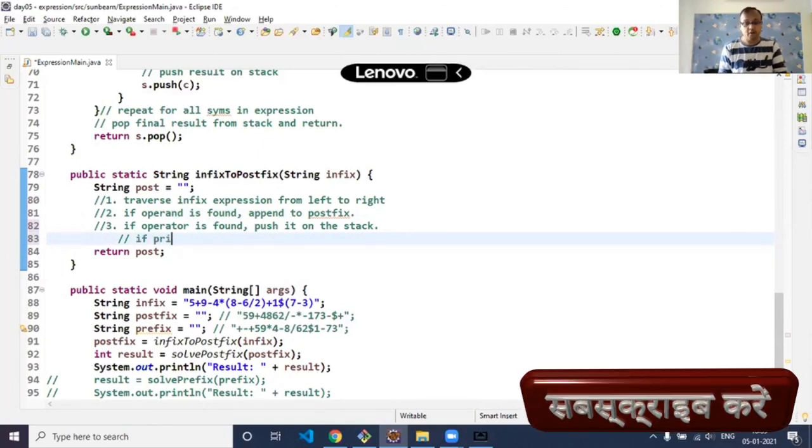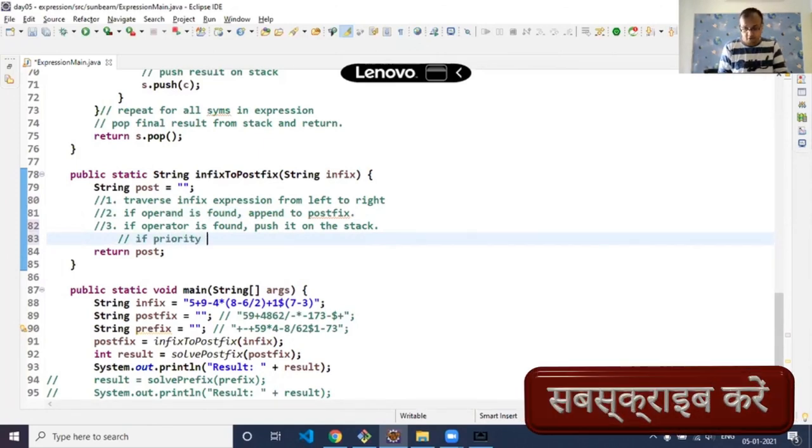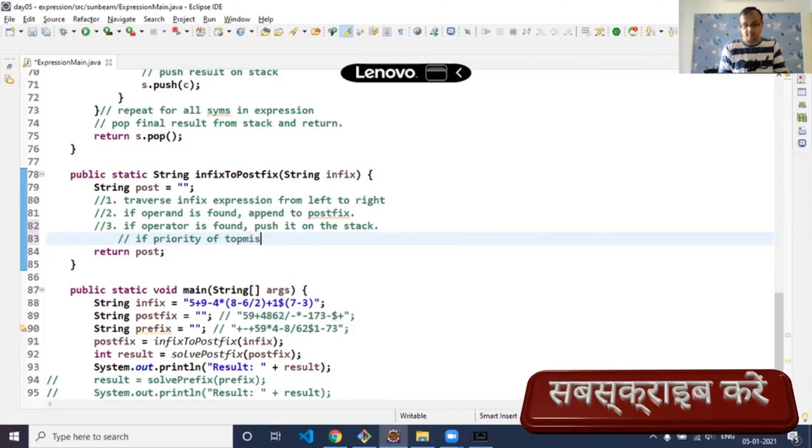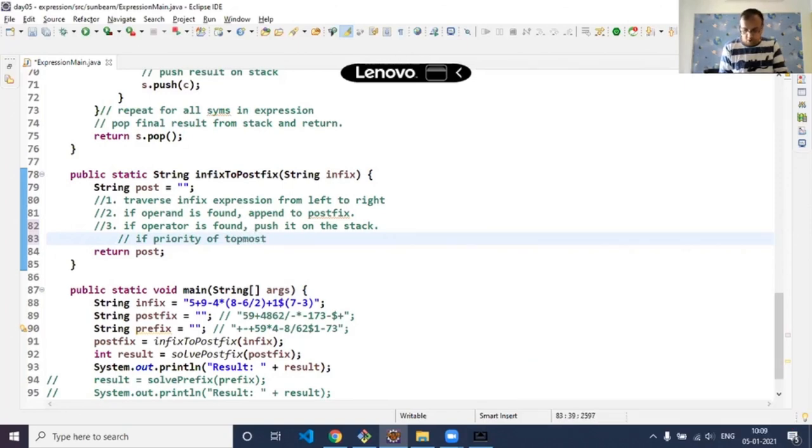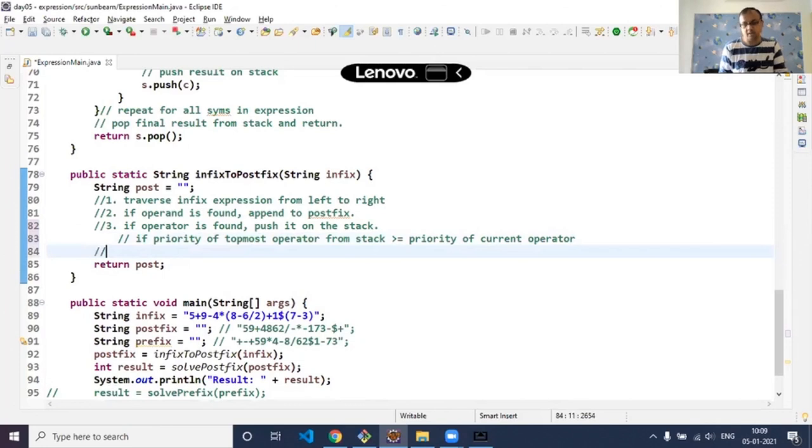If the priority of topmost operator from stack is greater than or equal to priority of current operator, what is to be done?